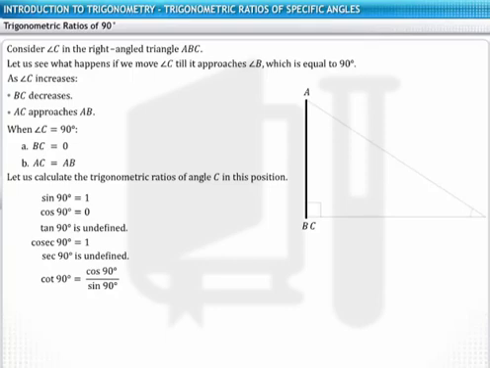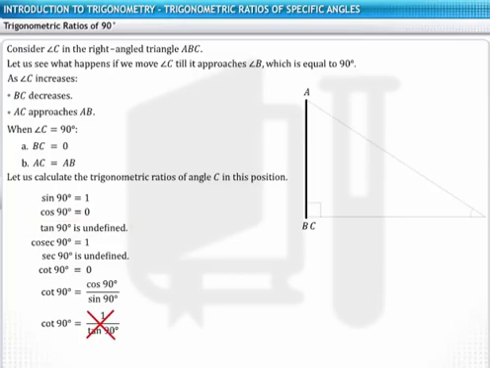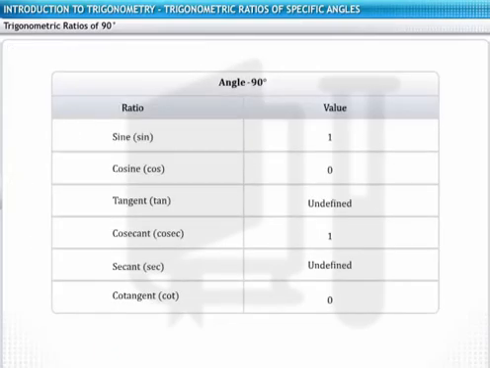Cot 90 is equal to the ratio of cos 90 and sin 90. Hence, cot 90 becomes 0 upon 1, which is equal to 0. As tan 90 degrees is undefined, we do not consider the definition that cot of an angle is the reciprocal of tan of the angle. Let us quickly recap the trigonometric ratios of a 90-degree angle.